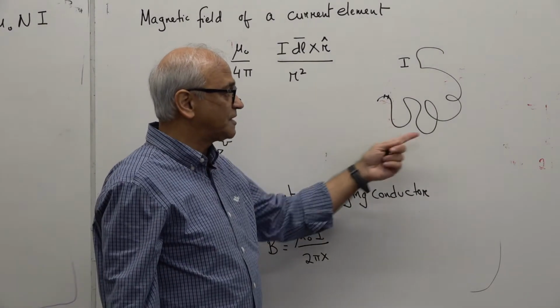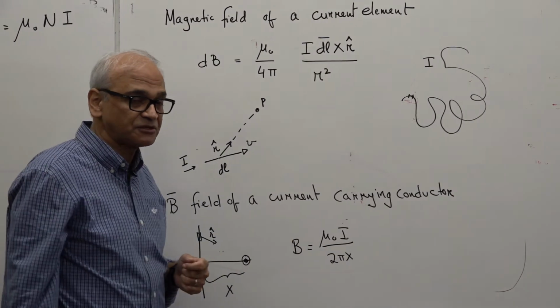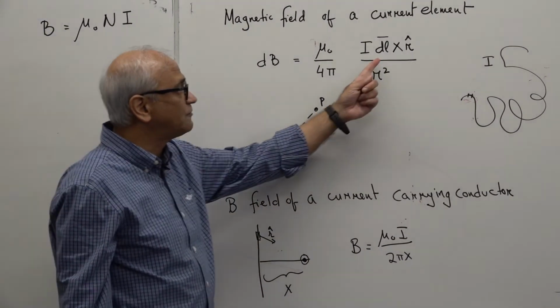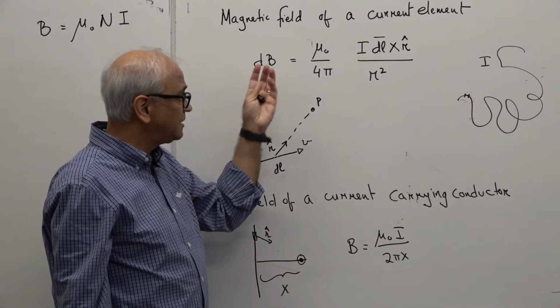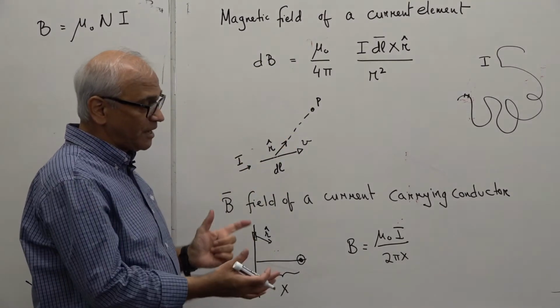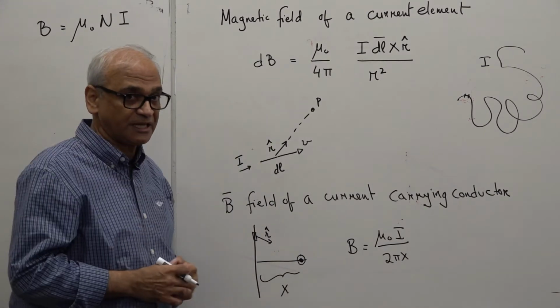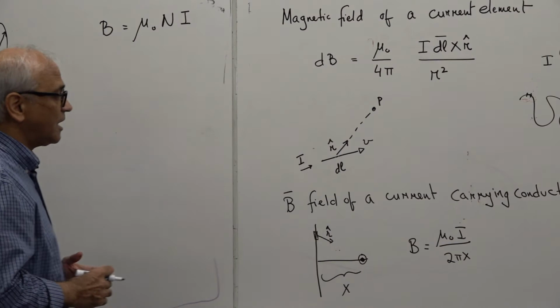Otherwise, as you can see right here, the current really goes all over the place. The direction changes all the time. So you have to have that current element. And then if you want the magnetic field for a big current element, you have to integrate over all dL and get the final result.